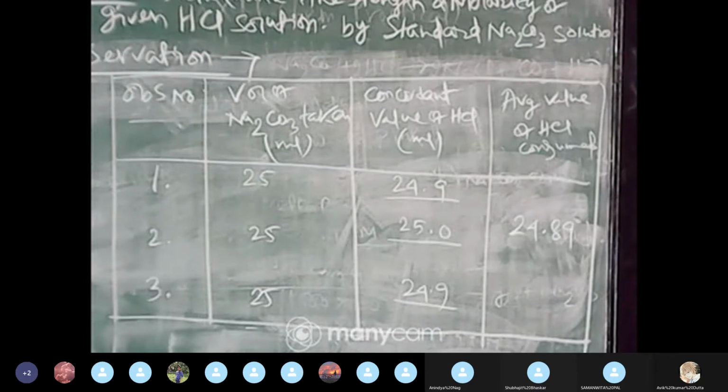Okay, so write down very quickly. Observation number, volume of sodium carbonate taken, concordant value of HCl in milliliter, average volume of HCl consumed. Now I am moving to the calculation. Hope everyone has written it.